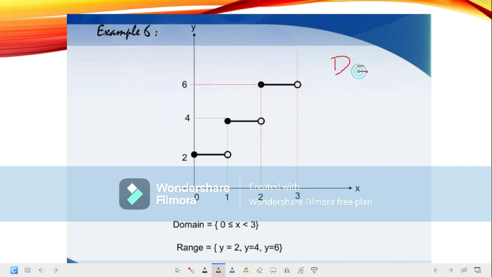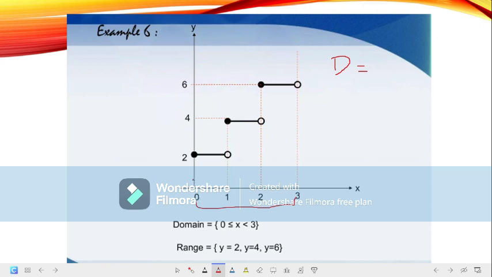For the domain, we are going to focus on the x-axis. So here's the domain, from this side to this one. This is our reference point, from 0 to 3.